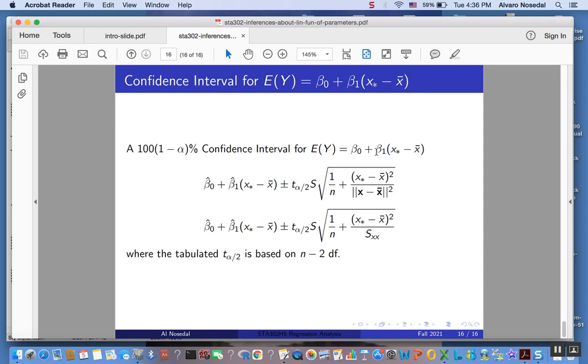We have also used our knowledge about the expected value and variance of those estimators, beta 0 hat and beta 1 hat, and all that helped us to derive a test statistic, to carry out hypothesis tests, and also this formula for a confidence interval.